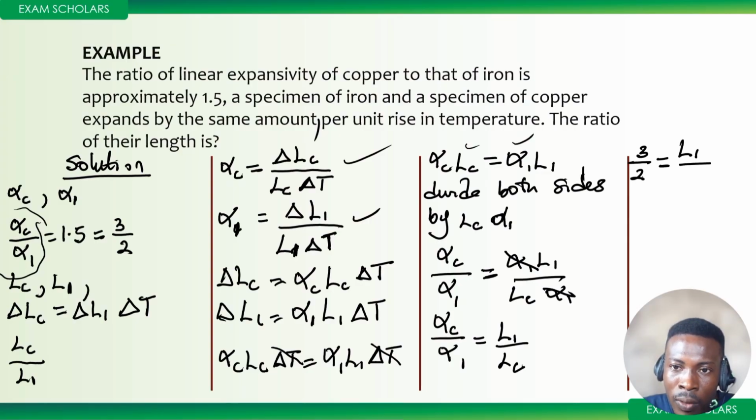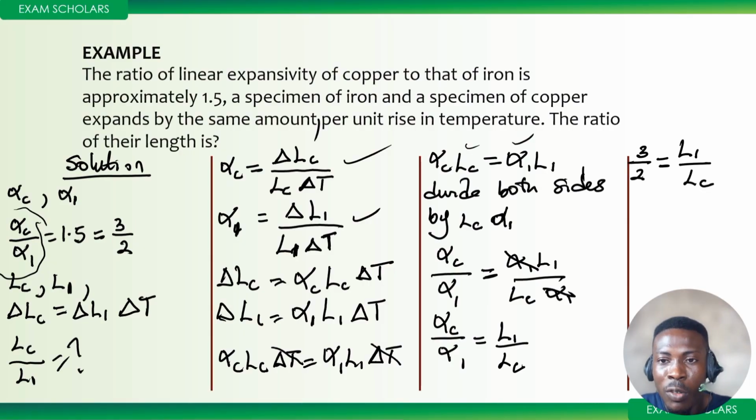Now, the same way, you need to rearrange this again by making sure that you have LC. We are looking for this guy. Make sure that you have LC as the numerator and Li as the denominator. How do you achieve this? You can cross multiply and then you solve it. But instead of doing that, you can also use another method. Just find the inverse of this.